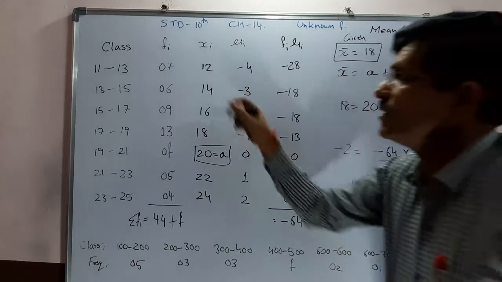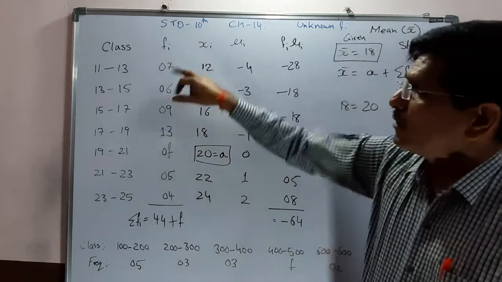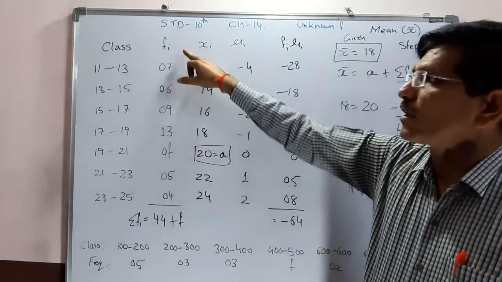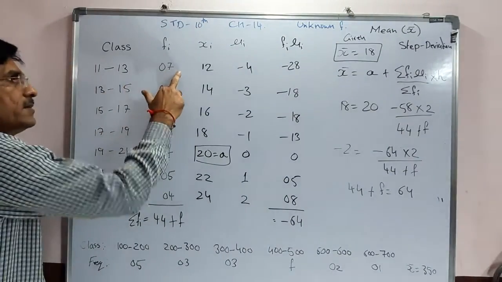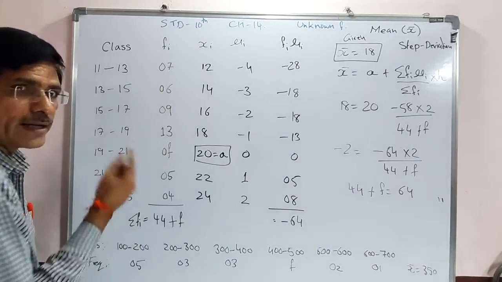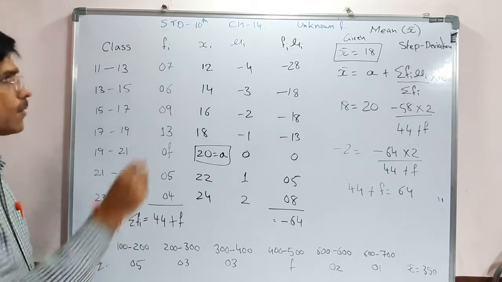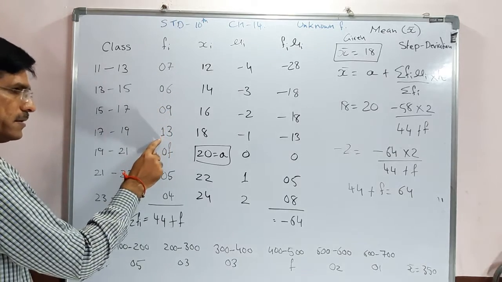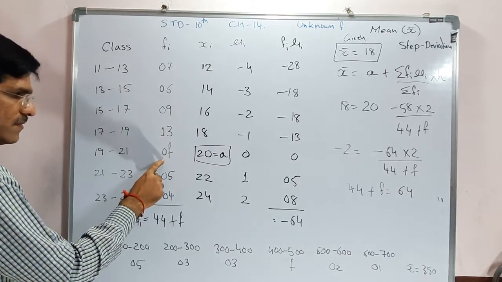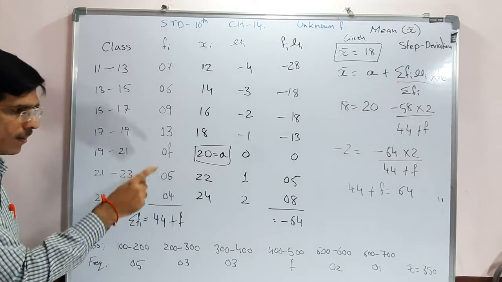So that is F1 frequency. First frequency is 7, second is 6. Why do I write 0 again here? To make the calculation proper. So 07, 06, 09, 13, 0F. I am also writing 0 here. That we have to find out.